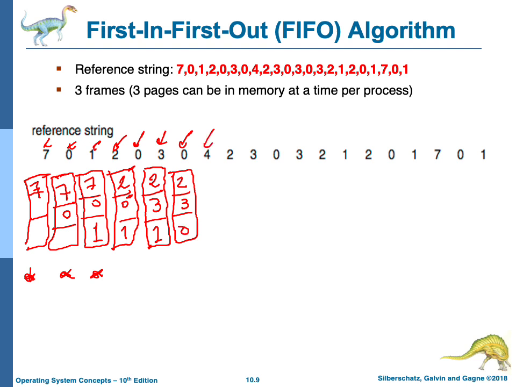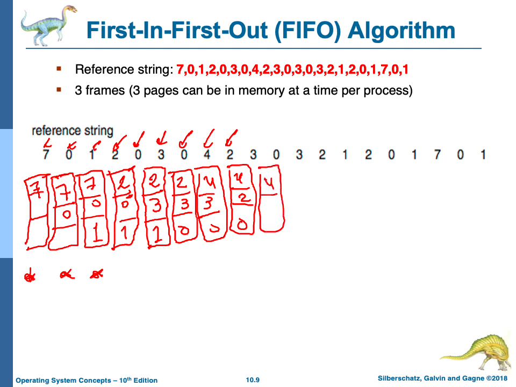We need 4, so the oldest is 2, giving 4, 3, 0. We need 2, so the oldest is 3. Then we need 3, and the oldest here is 0. Then we need 0, so we go back and update this.